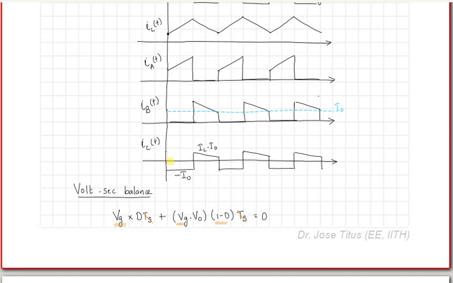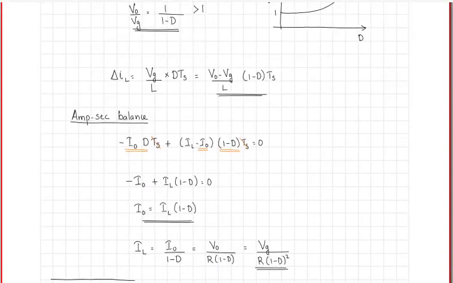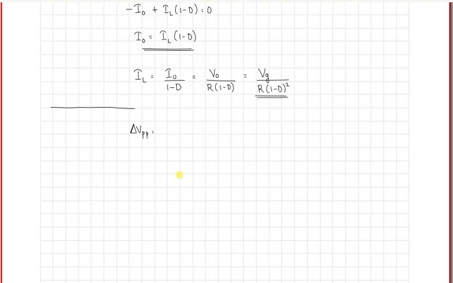So either this area or this area should give you the charge that is flowing in and out of the capacitor, and so it is very straightforward in this case to write down delta V peak to peak. If we take delta Q, or the charge, as I0 times dTs, and this charge divided by the capacitance would then give you the peak to peak voltage.